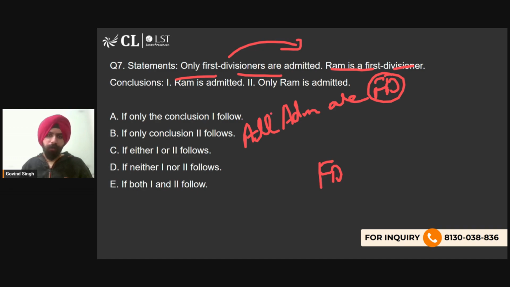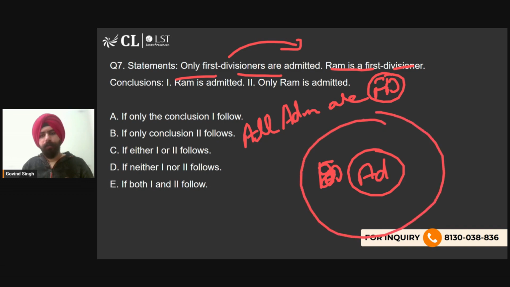So all admitted are FD. Okay, so we'll draw an admitted, and around that we'll draw an FD, and we'll draw this boundary. Ram is a first divisioner. So let's put Ram somewhere here because he cannot associate with admitted. Ram is admitted. Only Ram is admitted.